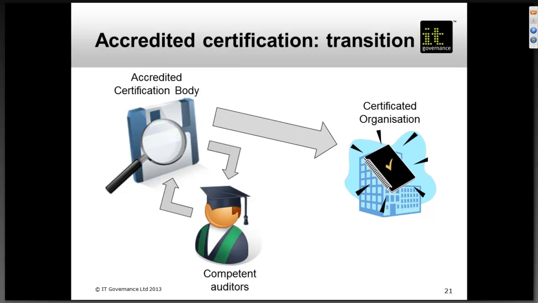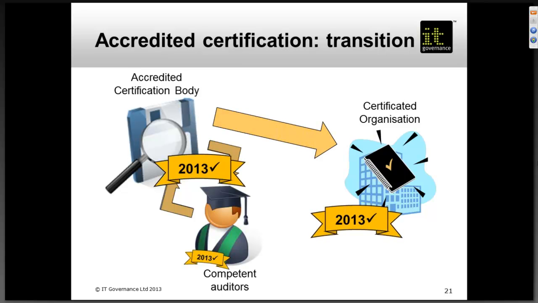So let's consider the changes for the 2013 version. That means that the auditors the accredited certification bodies rely on need to be competent for the 2013 model. Therefore, once they are and they can demonstrate that the auditors and the mechanisms and systems the accredited certification body uses, its own management system effectively, is up to speed against the 27001:2013 changes and requirements, they are then able to offer accredited certification to client organisations so the transition can take place.